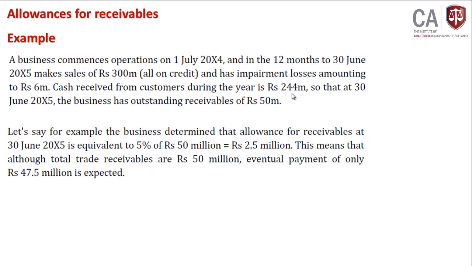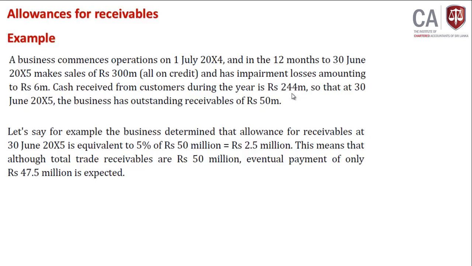Allowance for receivable. The business commenced operation on 1st July 2014, and in the last 12 months to June 2015 made sales of 300 million on credit basis and has an impairment loss amounting to 6 million.